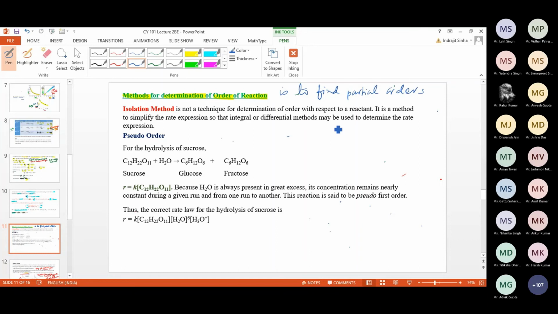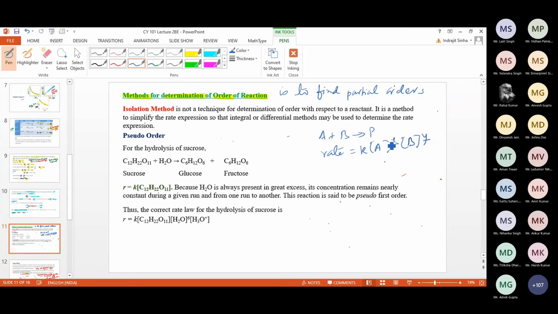That is, if you are talking about A plus B gives P, then you want to know the rate law in this format, what is x and what is y.